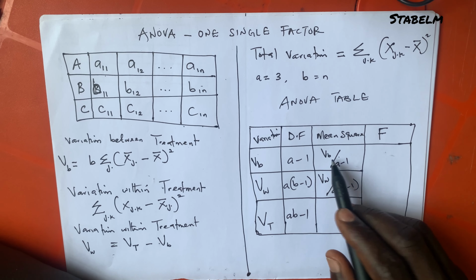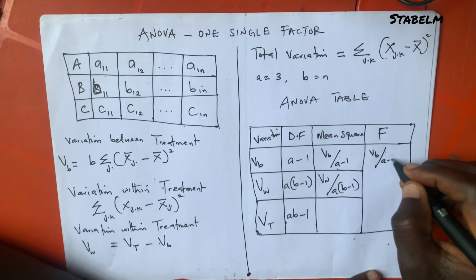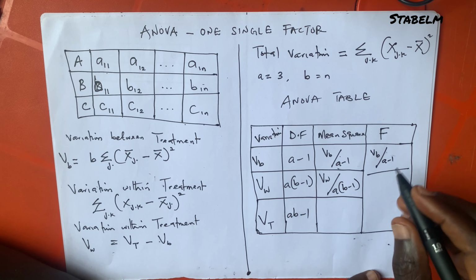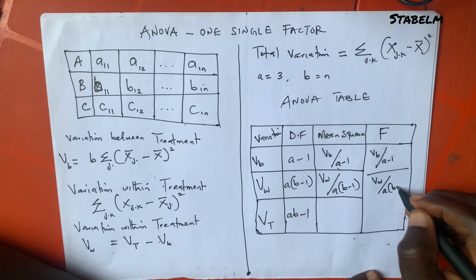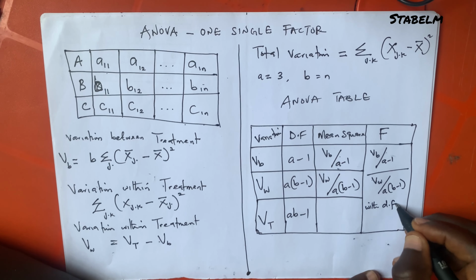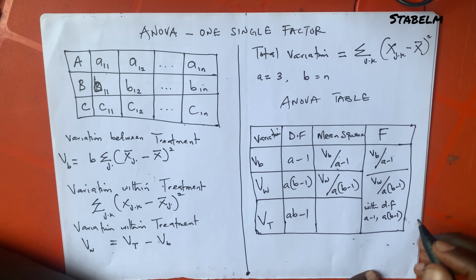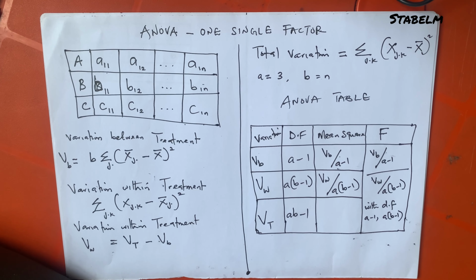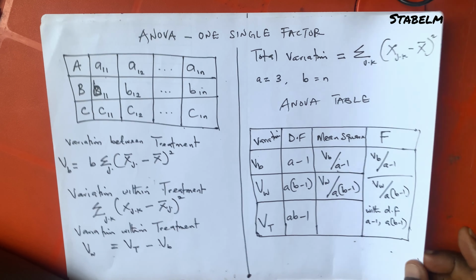What we have is V subscript B divided by A minus 1, divided by V subscript W divided by A into bracket B minus 1, with degree of freedom A minus 1 comma A into bracket B minus 1. So this is how to get the ANOVA table in analysis of variance, and this ANOVA table is just for a one factor experiment.